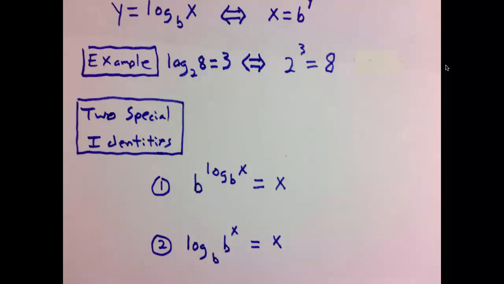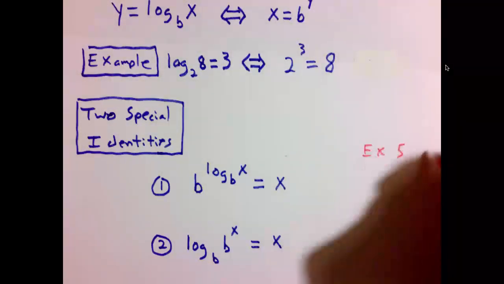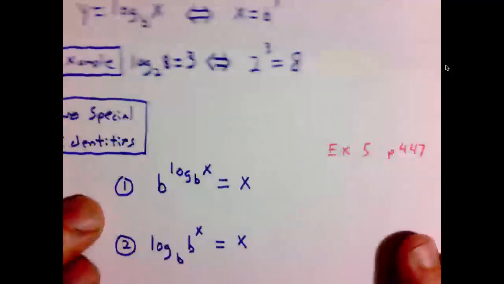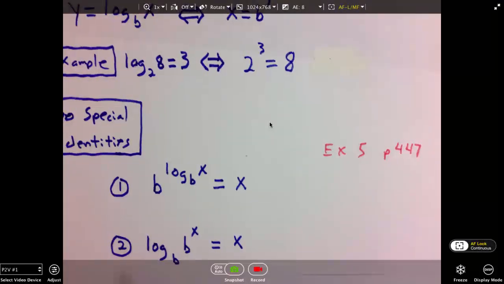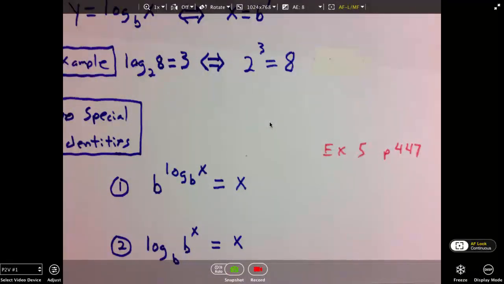If you have the textbook, I'm looking at example 5 on page 447. Example 5, page 447, is going to clearly illustrate my second property, but the first property would work in a similar way. So we're going to show this example A gives straight the special identity number 2 here.